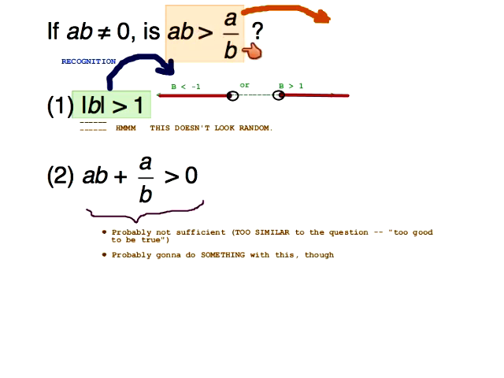Multiplying and dividing, right? This is A multiplied by B and A divided by the same number.